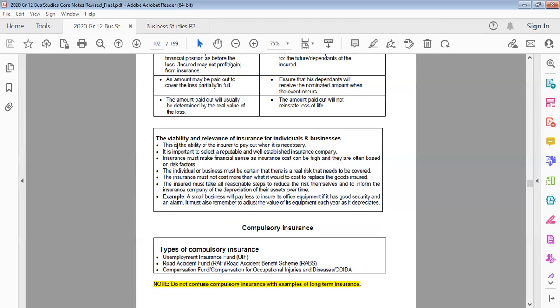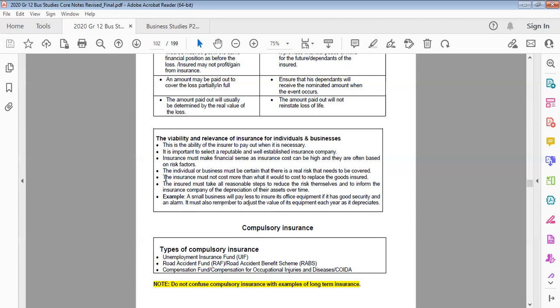It is important to select a reputable and well-established insurance company. Insurance must make financial sense, as insurance costs can be high and they are often based on risk factors. Like I said, if your car stands on the road, your premium is much higher because it's based on the risk factors.